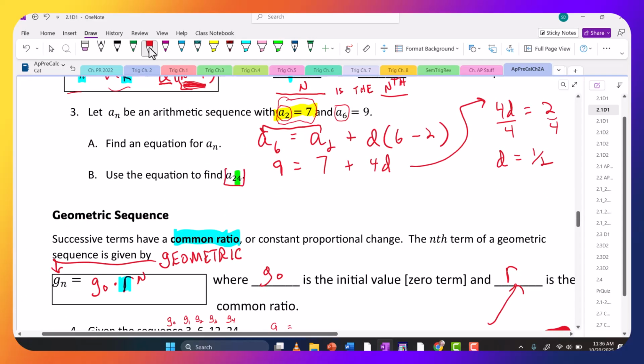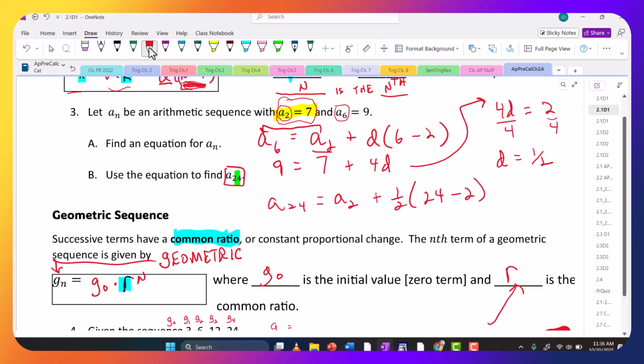Find the equation for a sub 24. You know what? You could stick with this formula here. I did something different with the other class, but I'm going to plug this into this formula. Plus d, which is a half. Oh, and then it's 24 minus 2. Because from a sub 2 to a sub 24 is 22 terms.